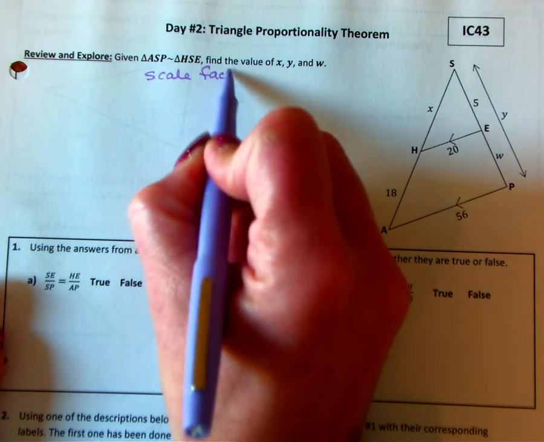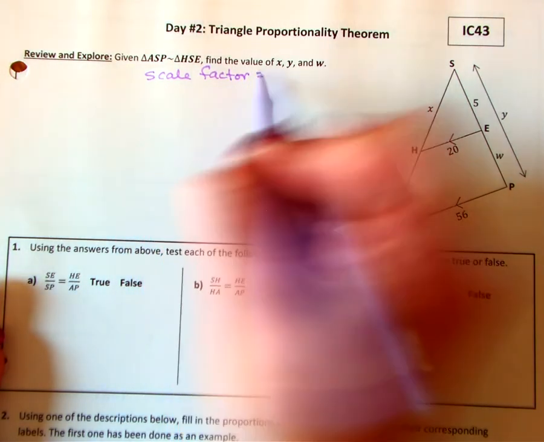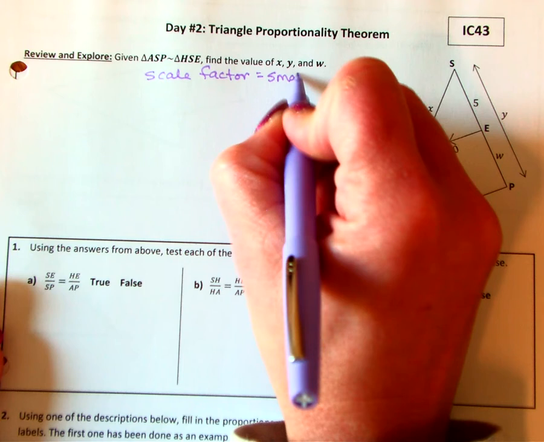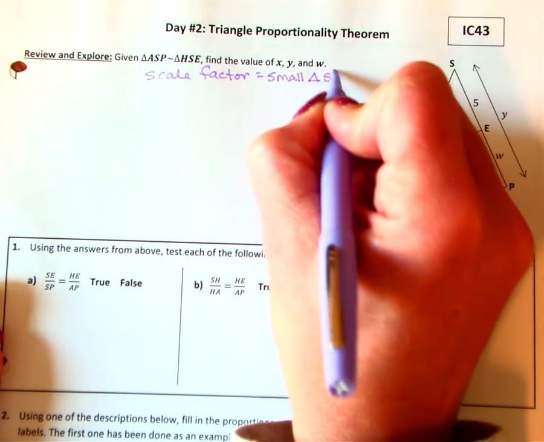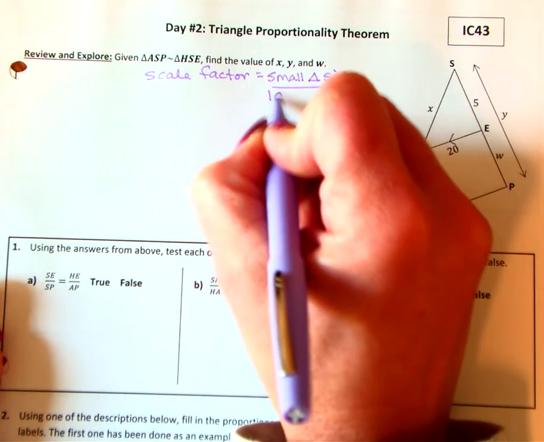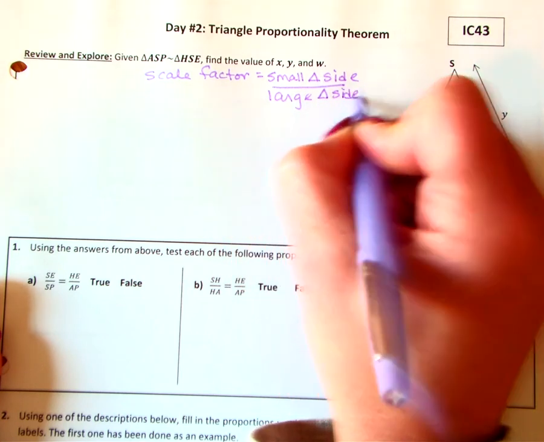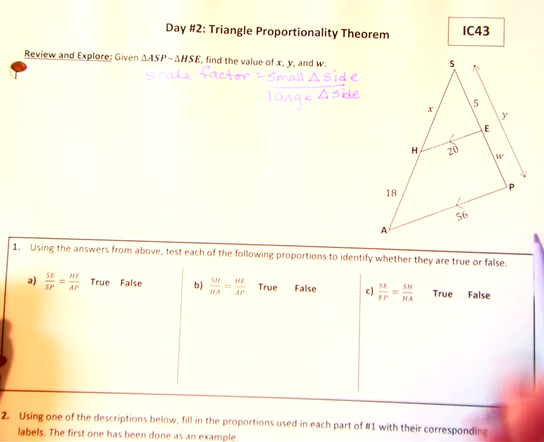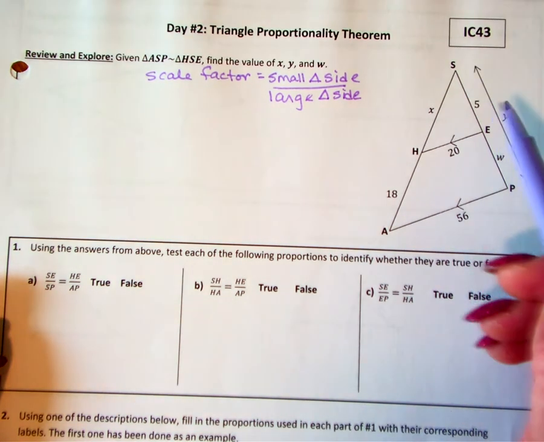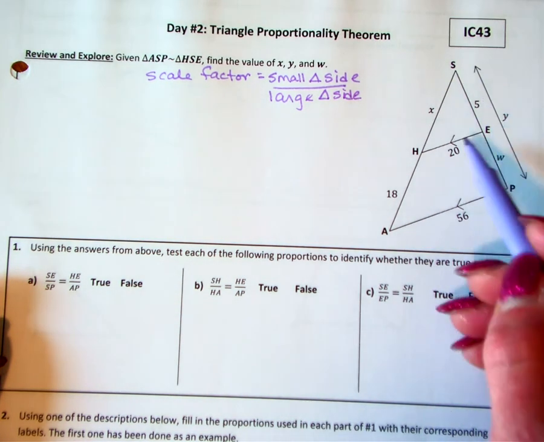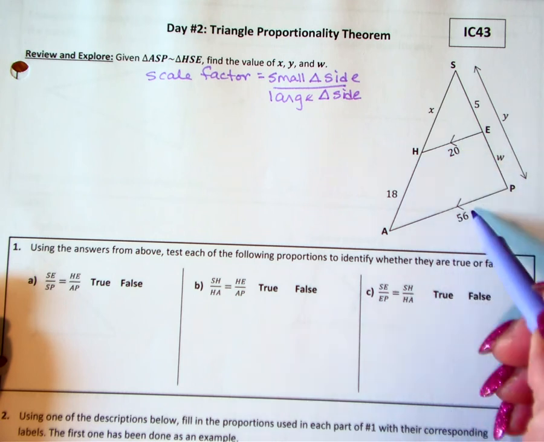Scale factor is the small triangle side over the large triangle side. So in this case, the smaller triangle's pick a side, and the two we know, we need two numbers that we know, right?